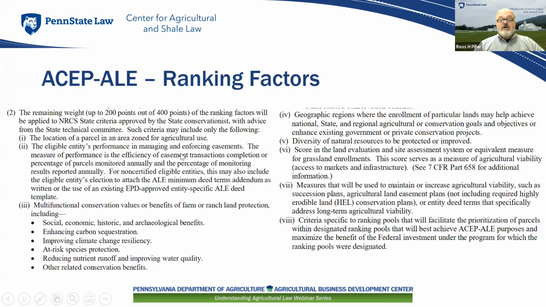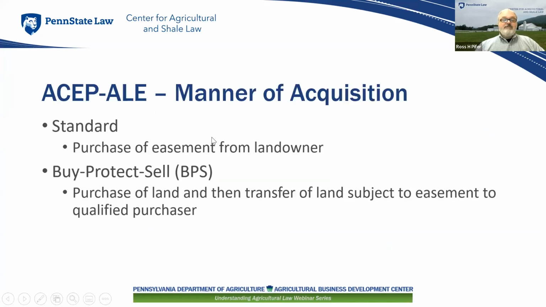So all applications across the country are judged on certain factors. The same factors are being applied across the country, but up to half can be based upon local factors. So the money's coming from the federal government, but there still is very much a heavy involvement or consideration given to each state.